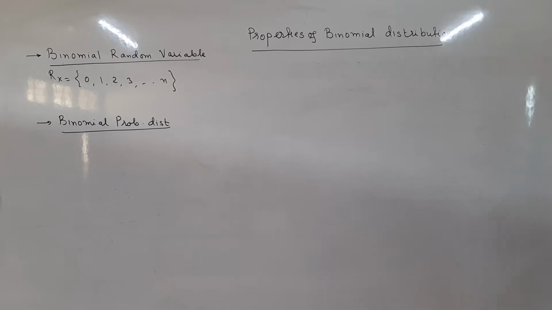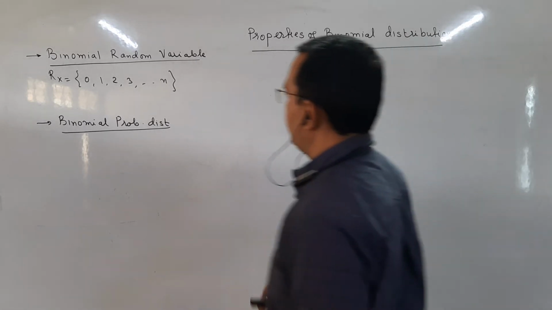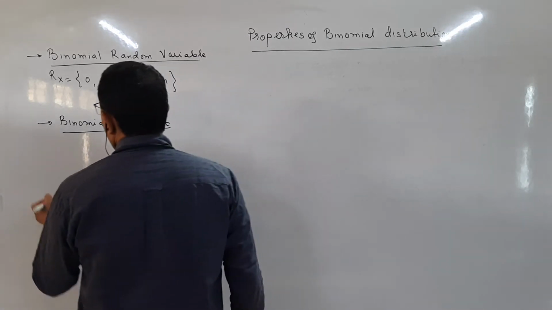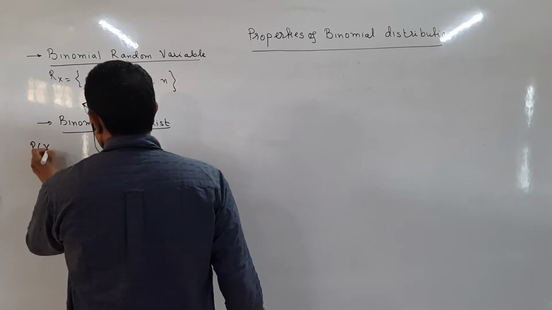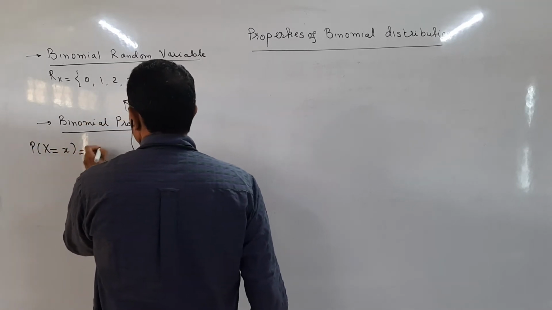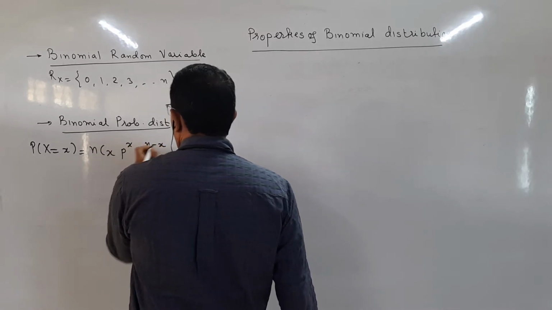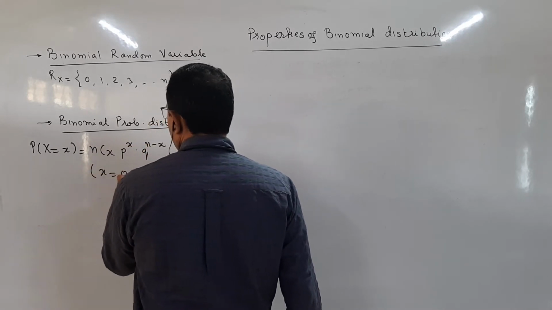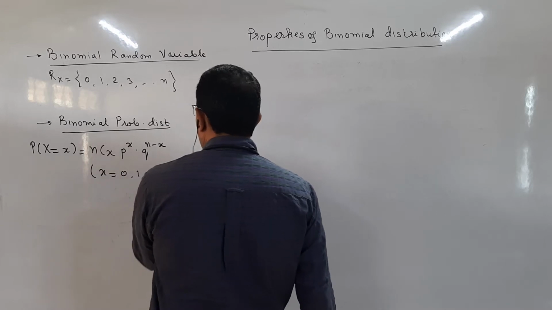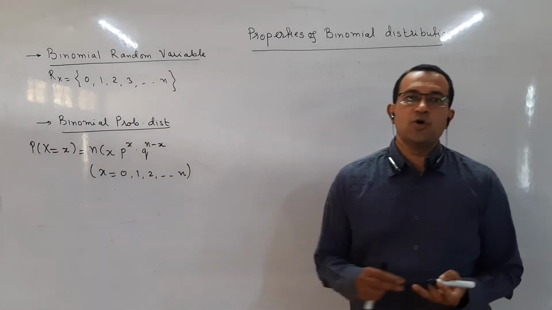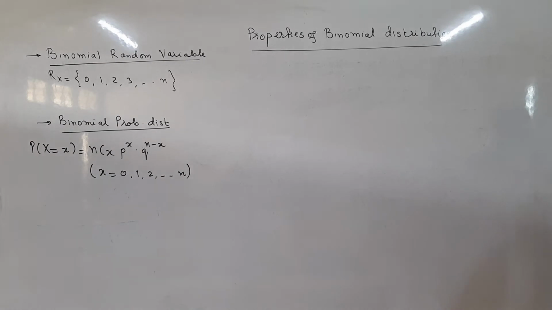The probability distribution of a binomial random variable is called binomial probability distribution, and the formula is nCx p raised to x q raised to n minus x, where x can assume any value starting from 0 to n.